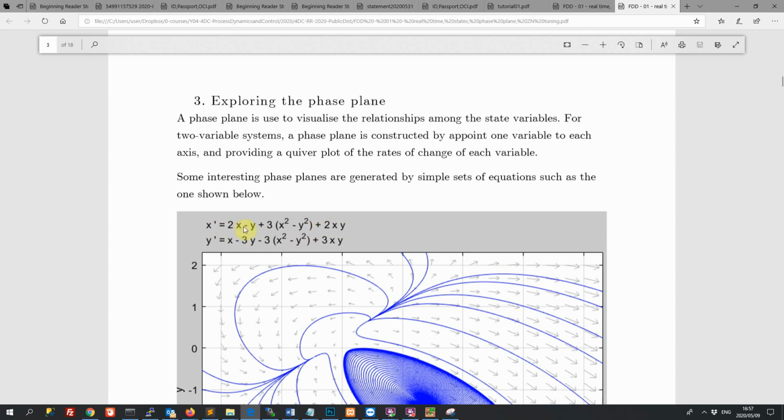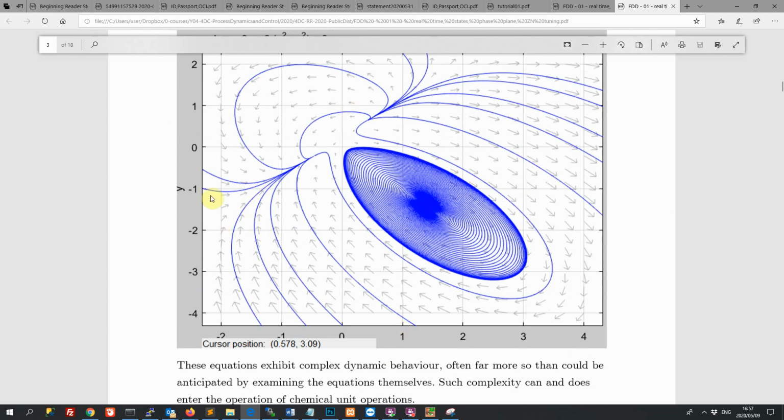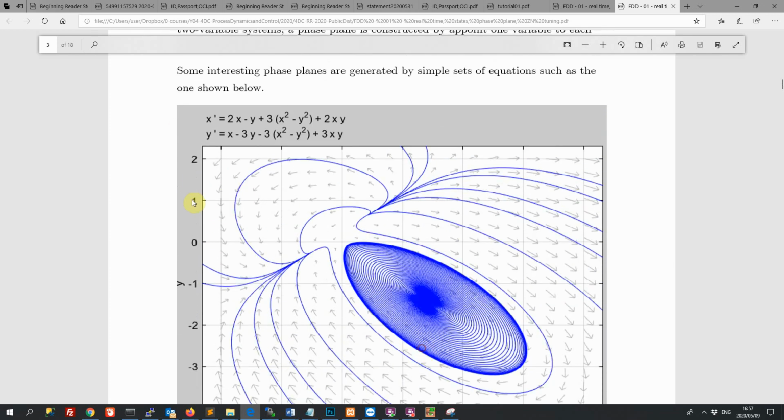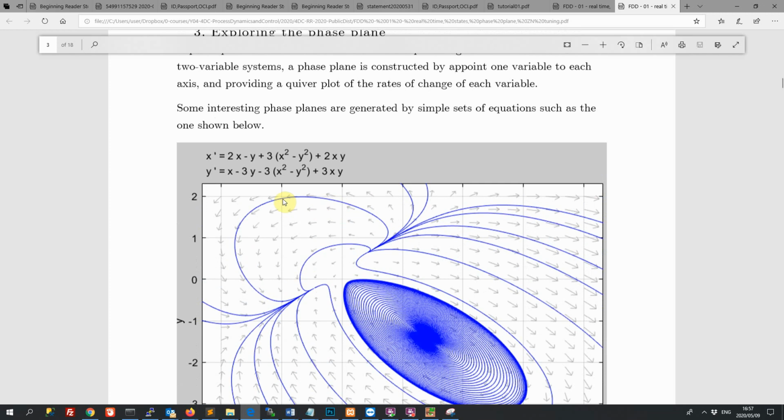So let's say we chose some value. Here I'm plotting the y versus x plane. If we arbitrarily pick some point here, let's say x equals -1 and y equals 2, then for all the x values here, you stick in -1. For y, you stick in a 2, and that will define some number, dx dt. Similarly, for y, we stick in x and y, and we get dy dt.